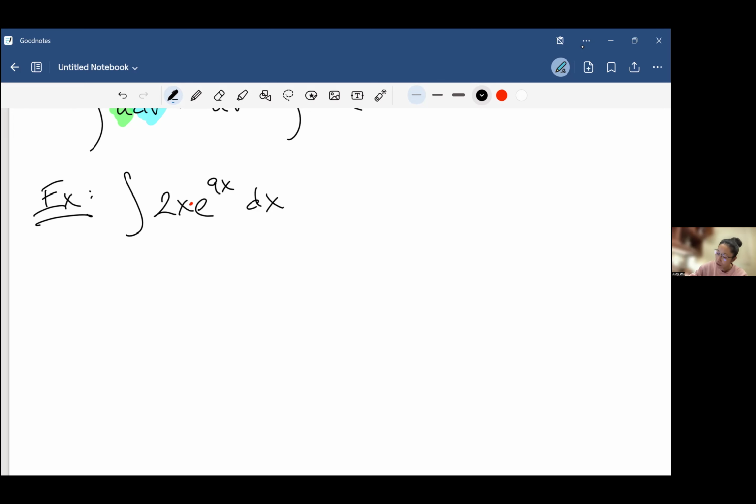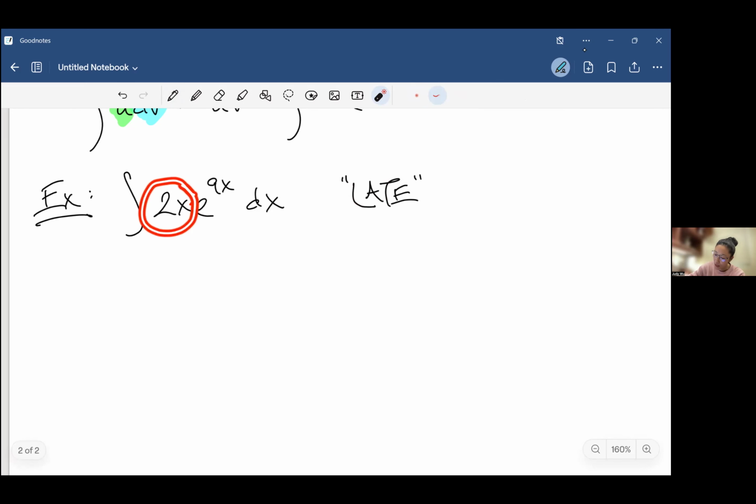As we review integration by parts, we had this idea of using the phrase LATE to help us figure out what our u is. If there were any logs, those would come first as our u, but I don't see any logs, so next up is algebra.